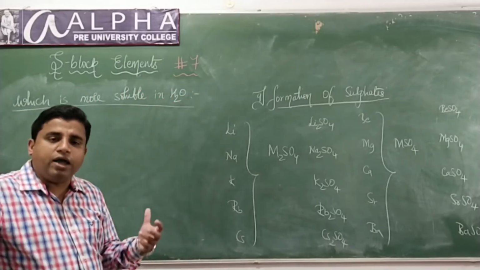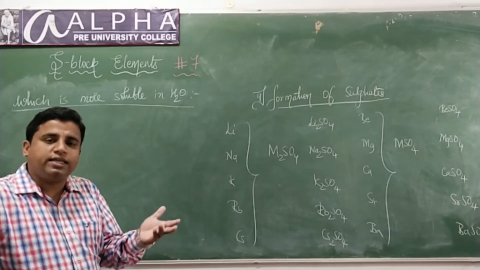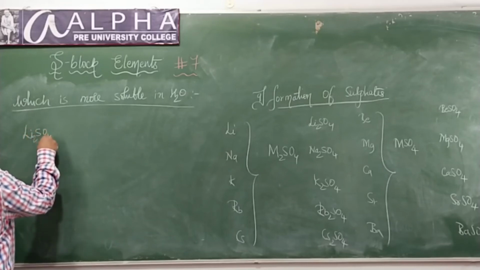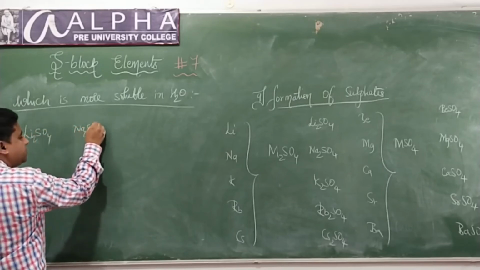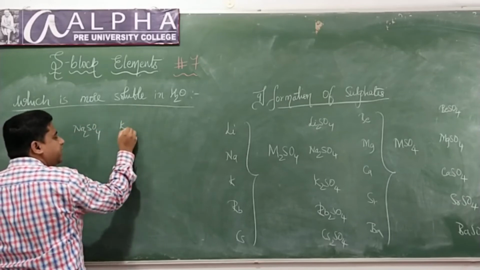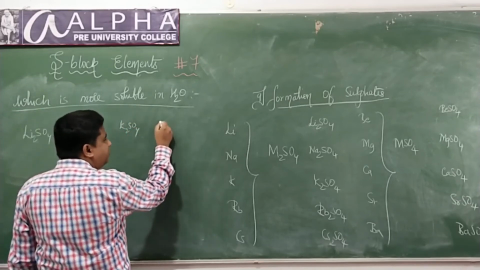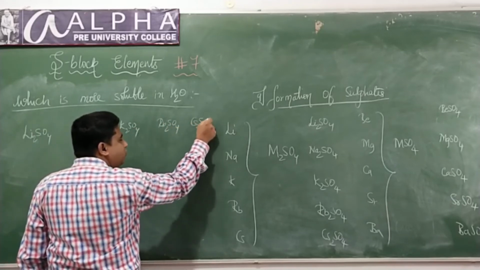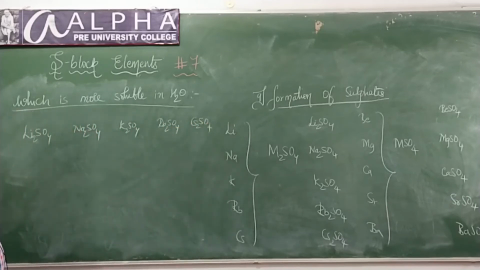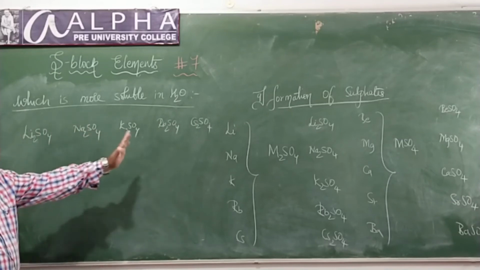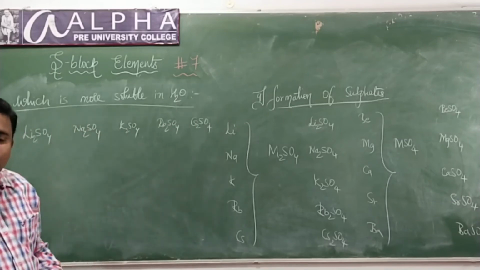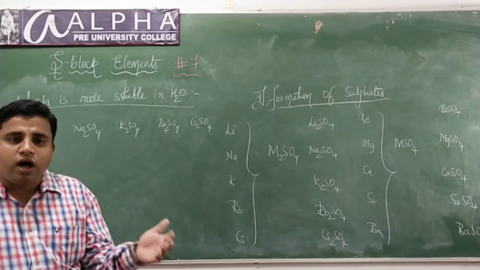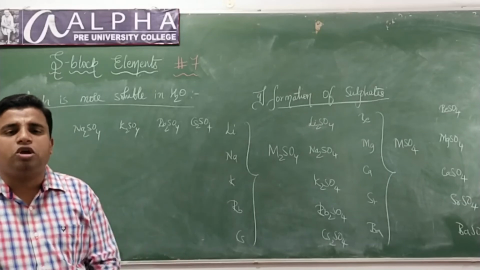Say I take lithium sulfate, sodium sulfate, potassium sulfate, K2SO4, rubidium sulfate, Rb2SO4 and cesium sulfate, Cs2SO4. I have got different sulfates. So which among them is more soluble? The one which is more ionic will be more soluble in water.